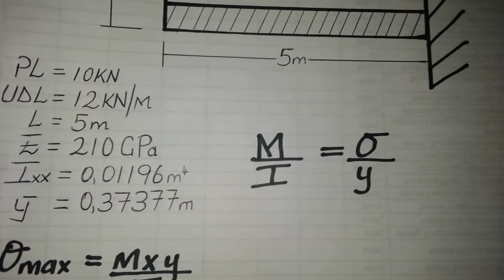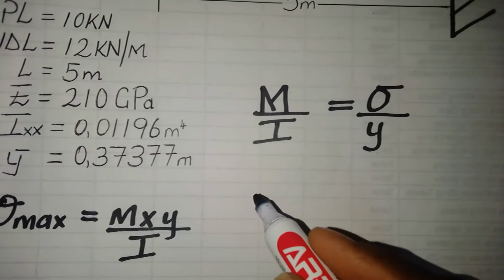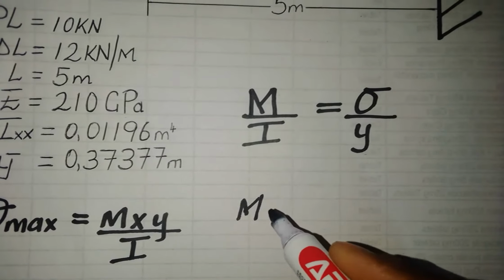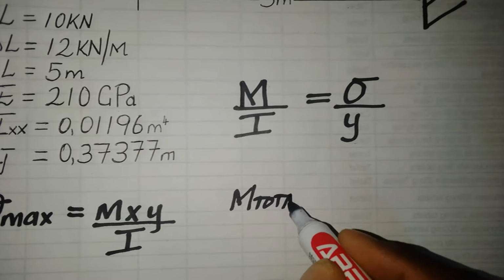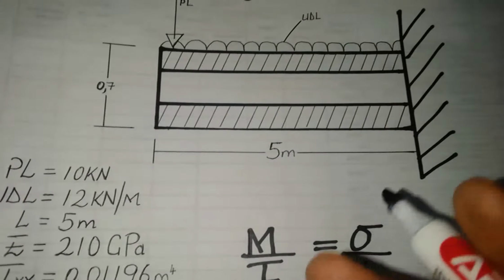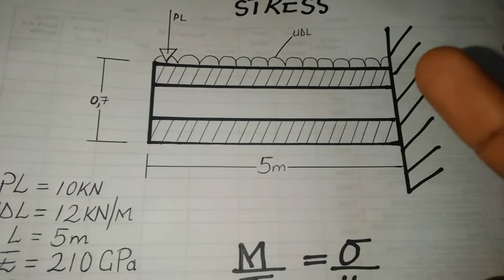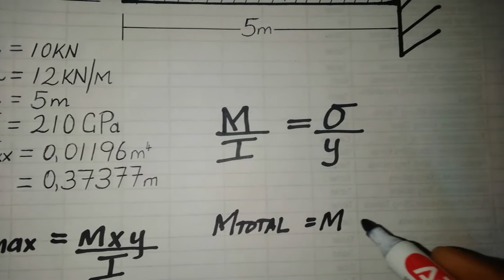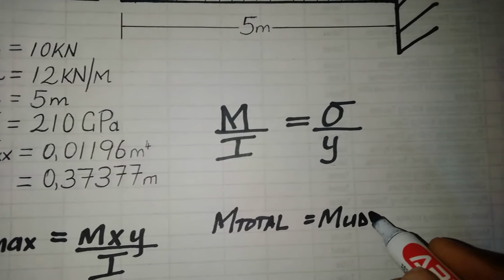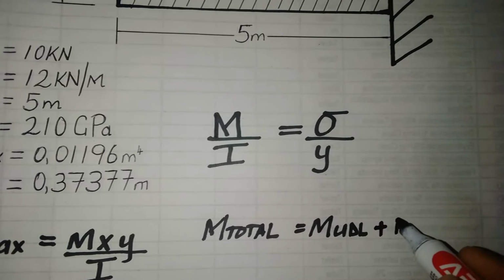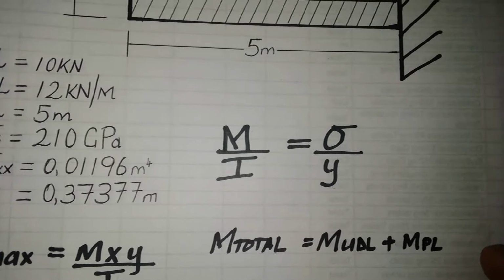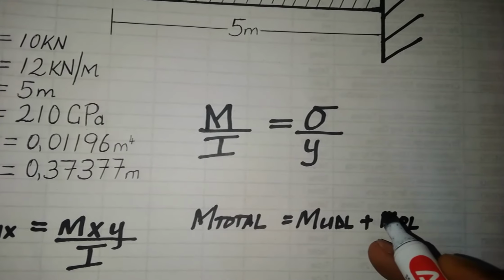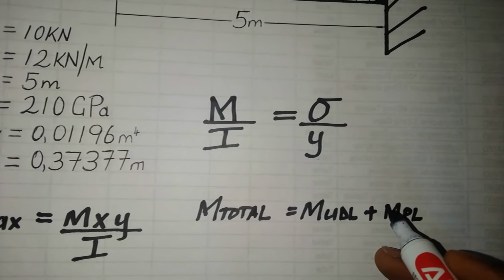So what we're going to do is calculate the bending moment. So M, let me say M total. Why? Because we've got the point load and the uniformly distributed load. So it will be equal to M for the UDL and also M for the point load, that is the bending moment for the point load and the bending moment for the uniformly distributed load.